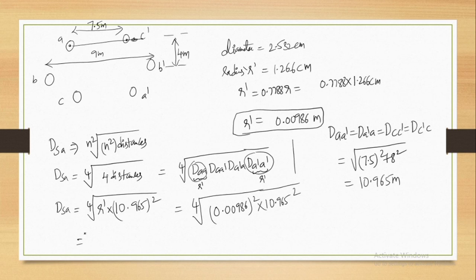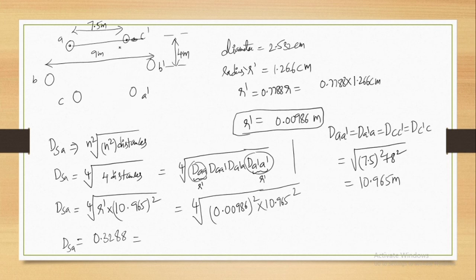DSA value is 0.3288. Similarly, what can be the value of DSC? For DSC, GMR of C, as A dash are at the distance of 10.965.